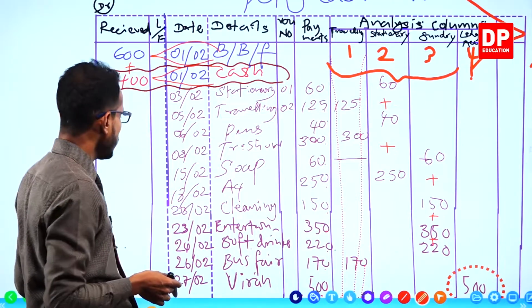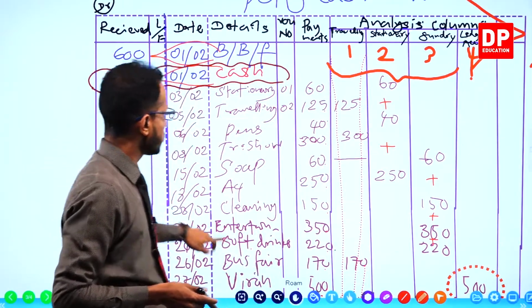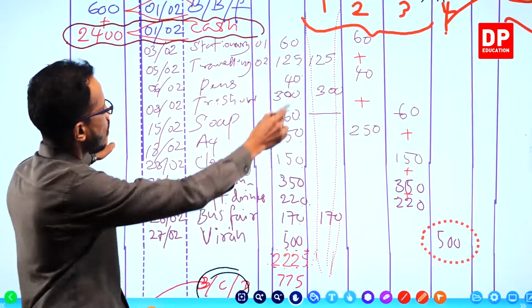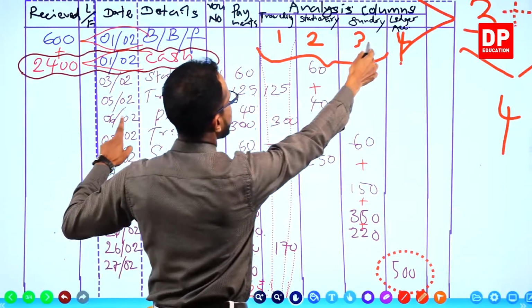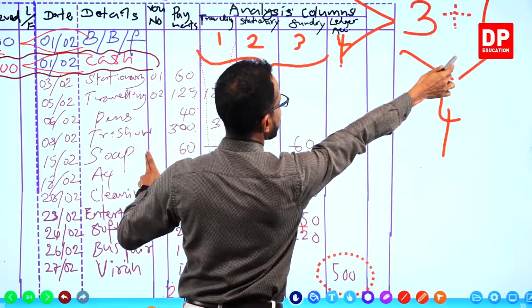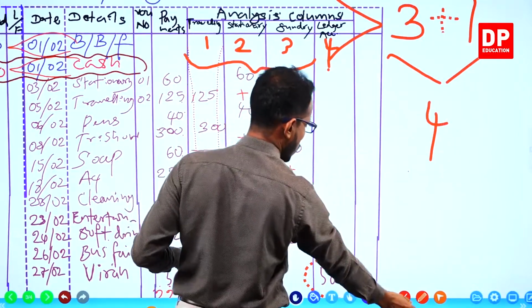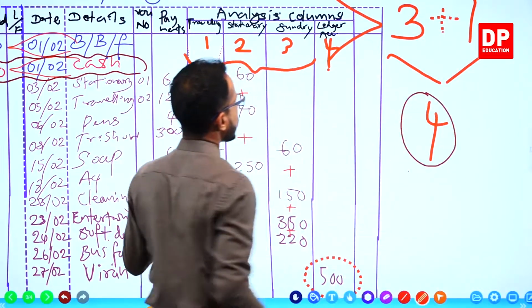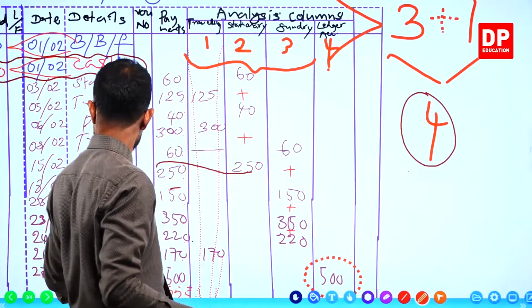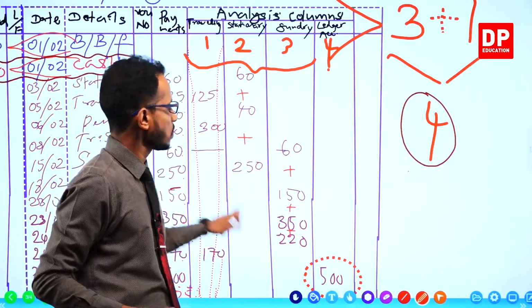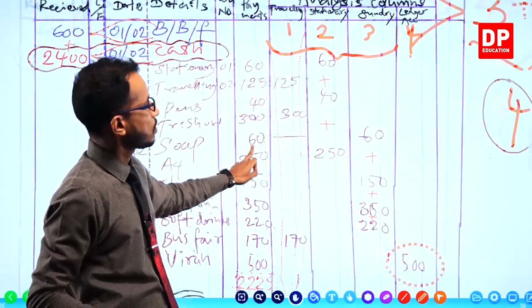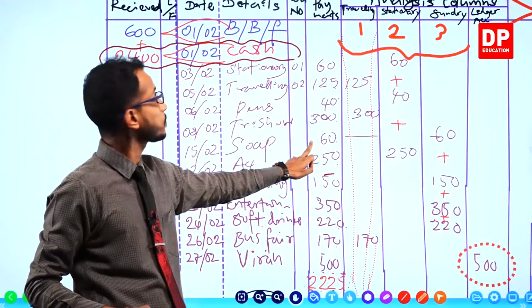So altogether we need how many ledger accounts, children? 1, 2, 3 plus 1, 4, plus the cash book.